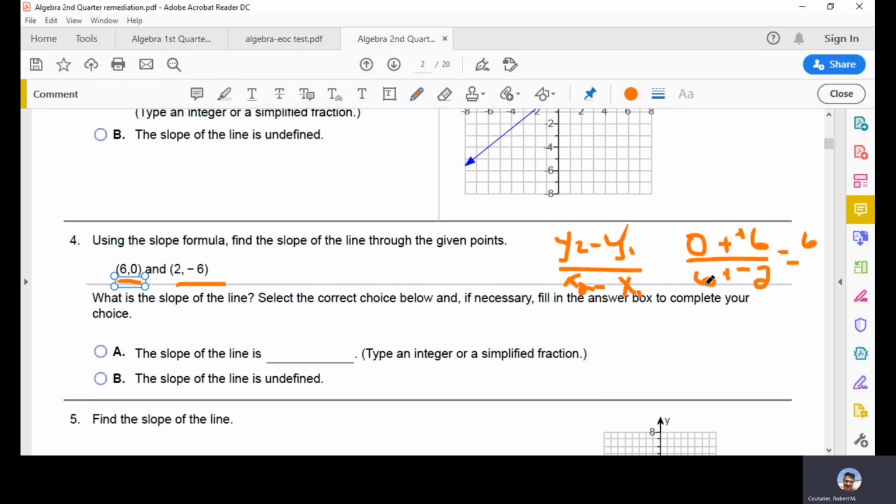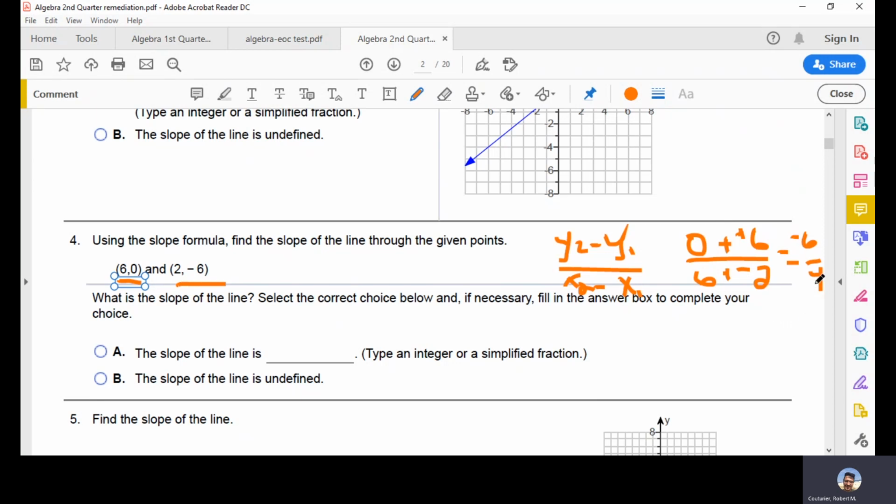And you have over here 6 plus a -2 is a 4. So -6, oh no, I'm sorry, +6. No, -6. -6 over 4 becomes what?